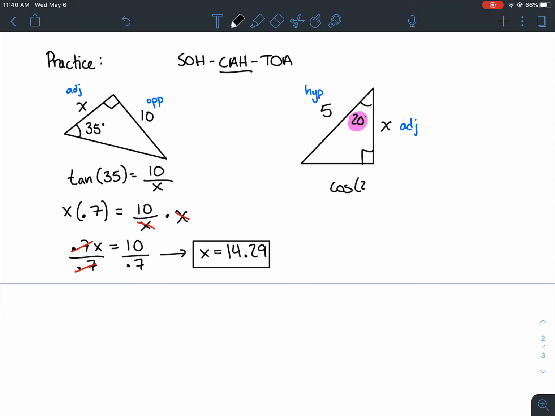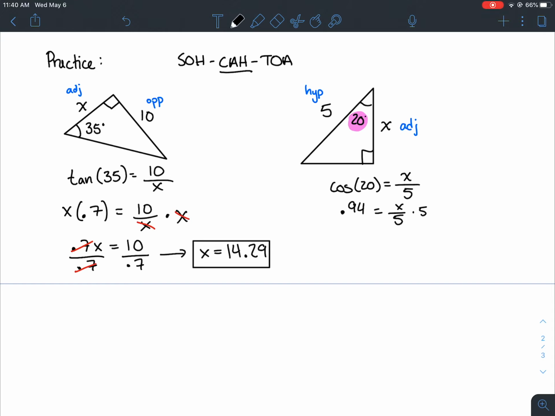So I get cosine of 20 degrees equals x over 5, because it's that adjacent over the hypotenuse. My calculator says that the cosine of 20 degrees is 0.94. And that's rounded to 2 decimal places. It's a much longer decimal.